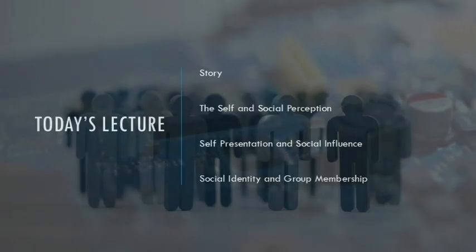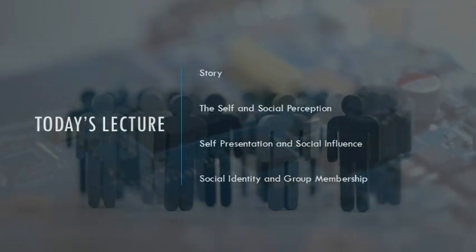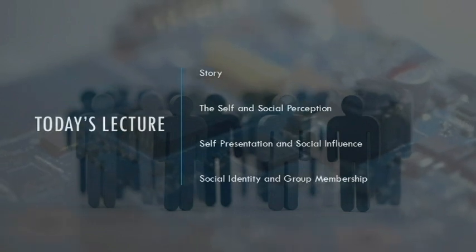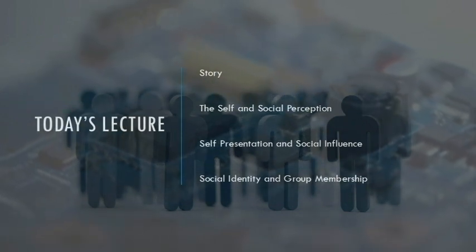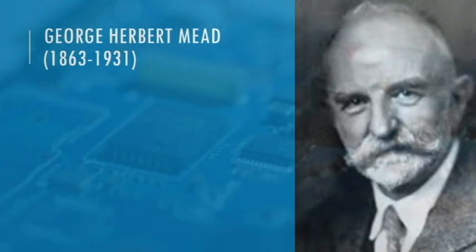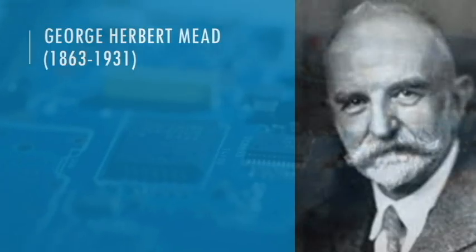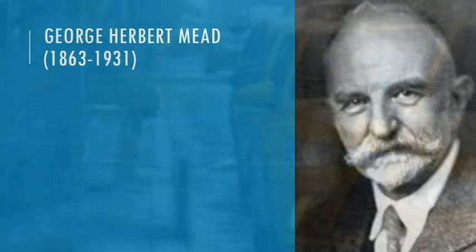Now, I would like to begin by telling you a little story about a very important person by the name of George Herbert Mead, who played a very pivotal role in the field of social psychology and is best known for his work on the concept of the self and its development through social interaction.